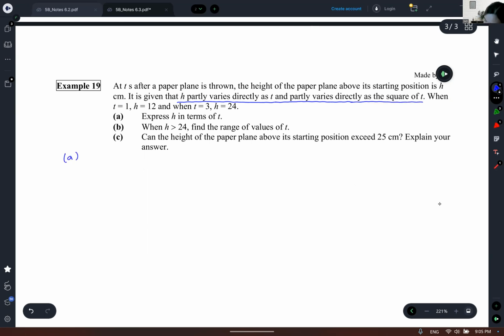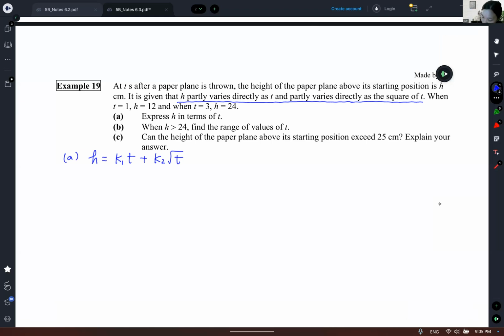So A, h partly directly as t, partly as the square root of t. And we can find it. So 12 equals k1 plus k2.